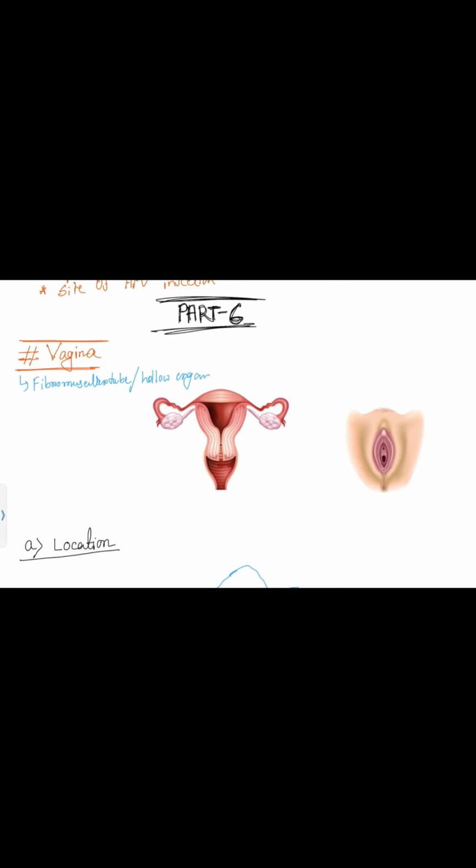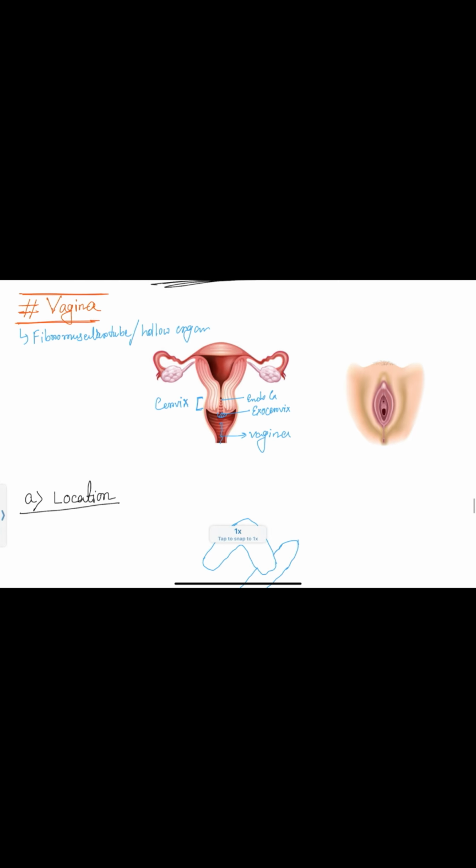In the previous sessions we discussed this canal, the cervix. In this portion we say endocervix, and in this location it is called exocervix. And from here the vagina starts.